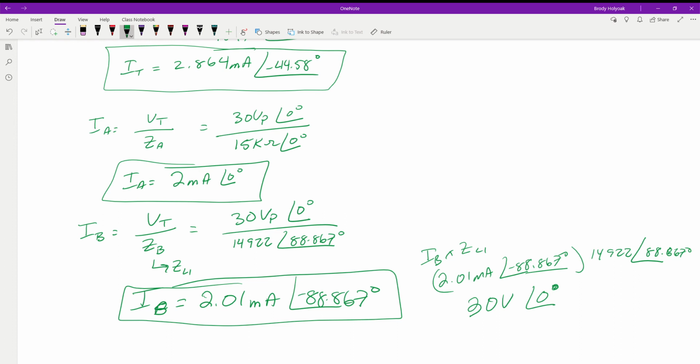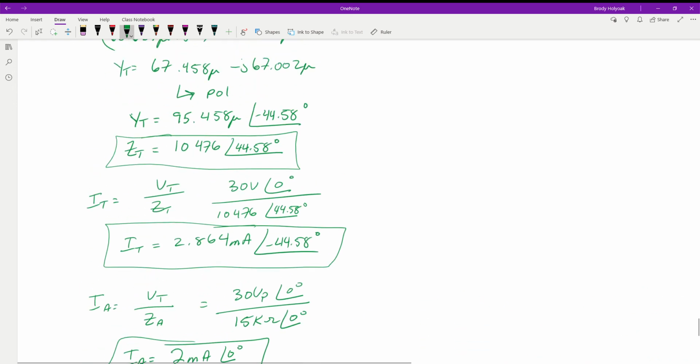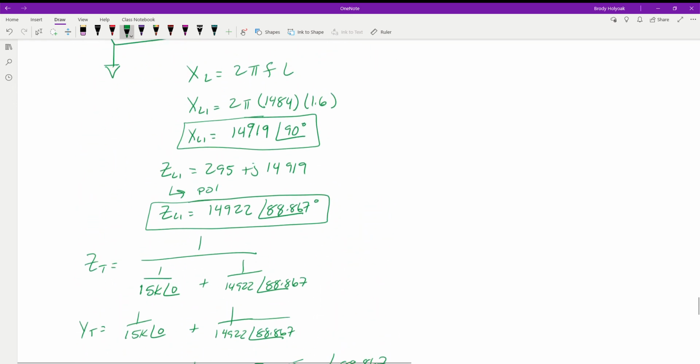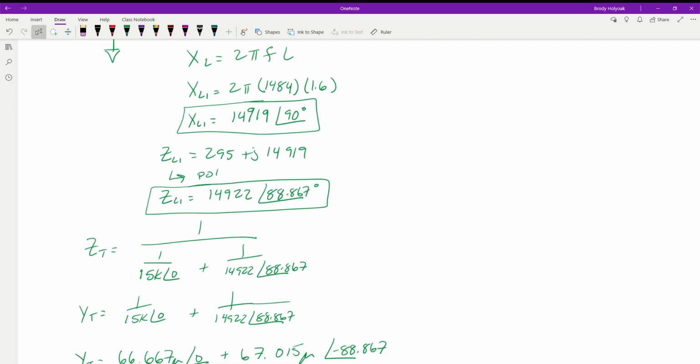Now, the other way you can do it is this. Remember, when we come back up here to finding our impedance, using the reciprocal method is just one way we can do this. Remember, we do have another method, if you guys want to try it. We can always use the reciprocal to find things in parallel. But we have one special rule: if we have two branches, it's the product over the sum.